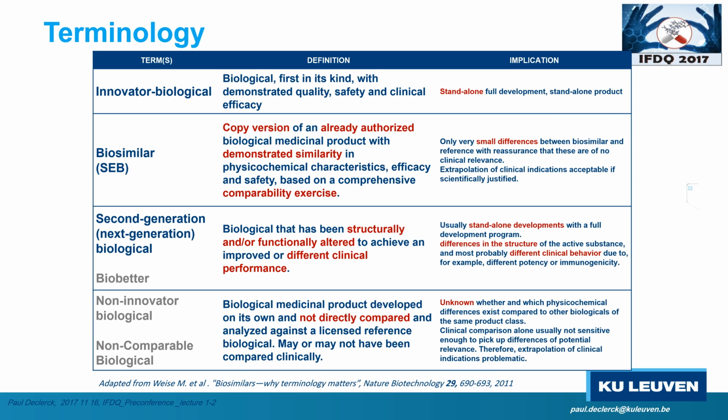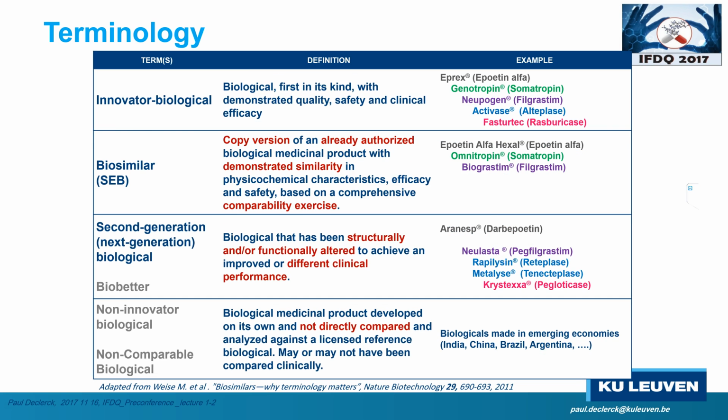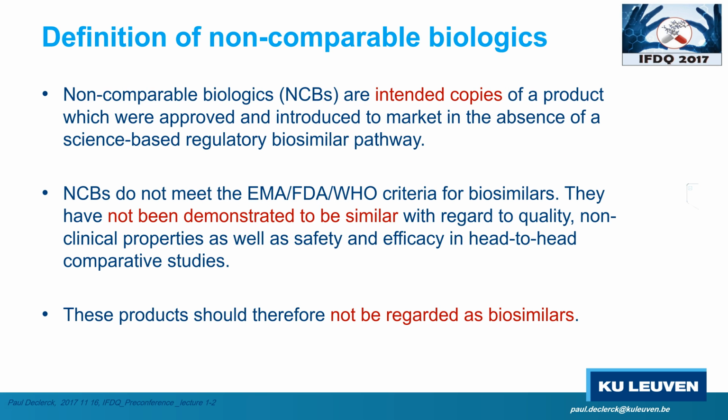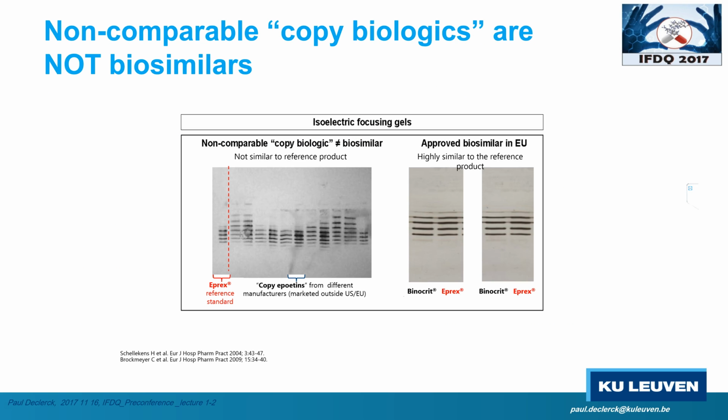So these are definitely not falling under the category of biosimilars as we discussed right now. And these are just some examples which I can skip. I won't go into too much detail, but it's definitely such that these non-comparable biologics have never been demonstrated to be biosimilar.